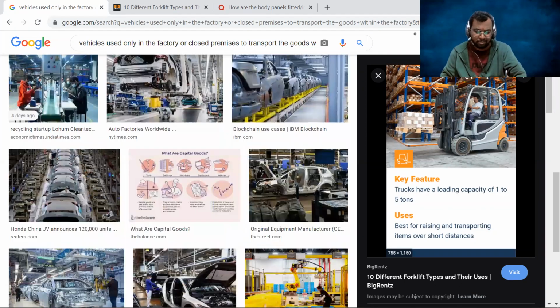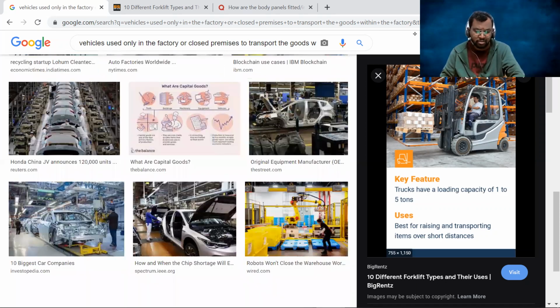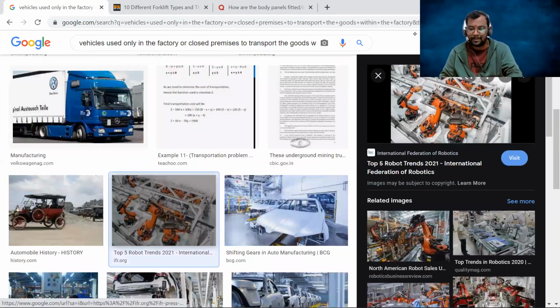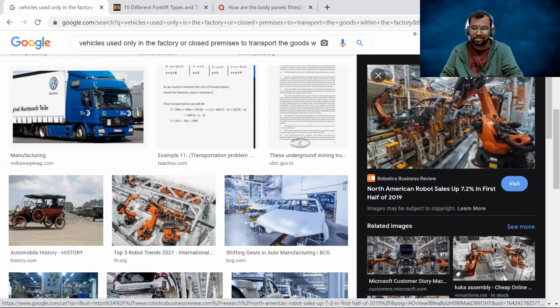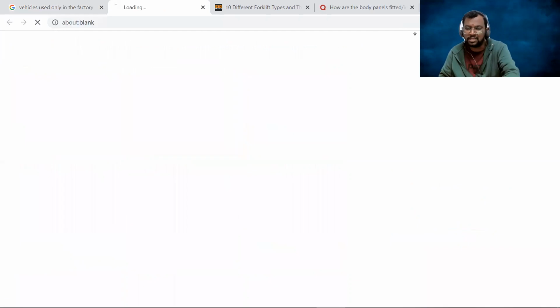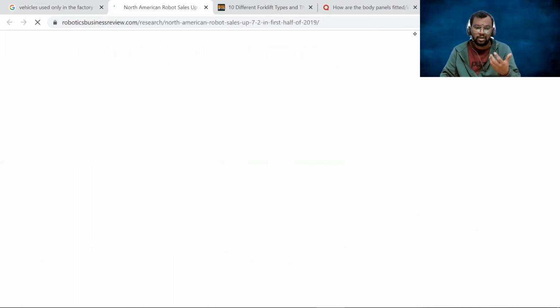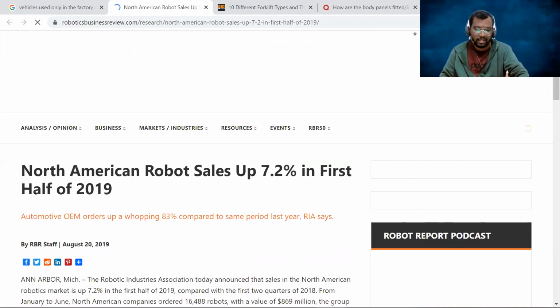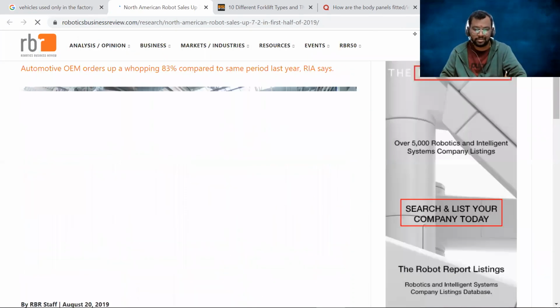These are all some examples. You don't find these vehicles in the normal roads. So under the definition of the motor vehicles, the vehicles which are exclusively used well within the factory premises to transport the goods are not covered in the definition of motor vehicles.